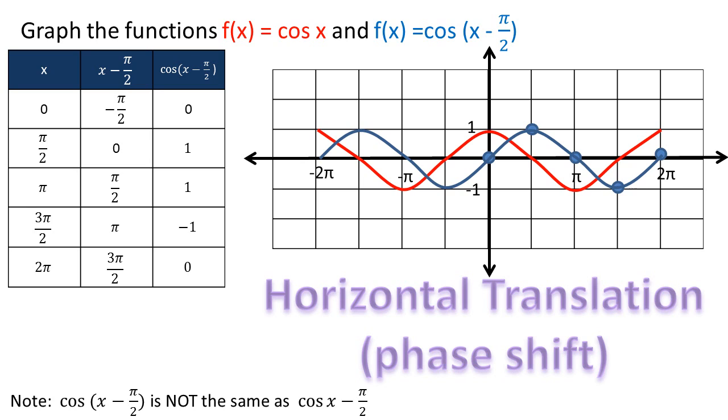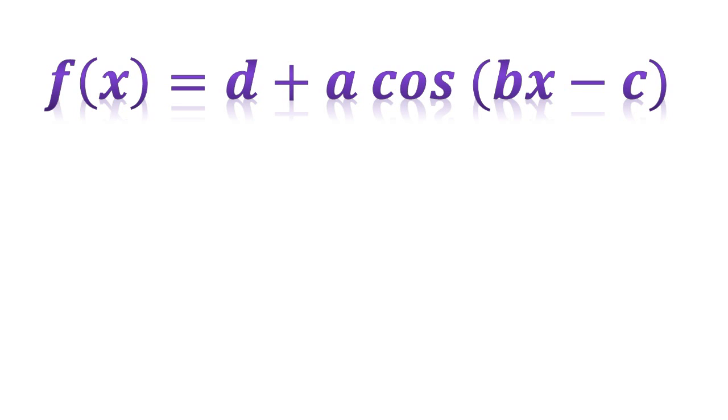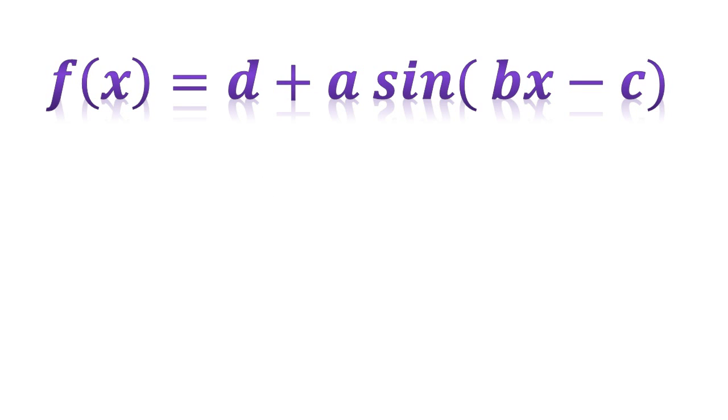So just to review everything we know so far about the full functions. We know that f of x equals d plus a cosine, that could be a cosine or a sine, bx minus c. We know that the a in this equation tells us the amplitude, and the amplitude is equal to a. We know that the b is going to help us get the period, but the period is not equal to b. The period is equal to 2 pi divided by b.